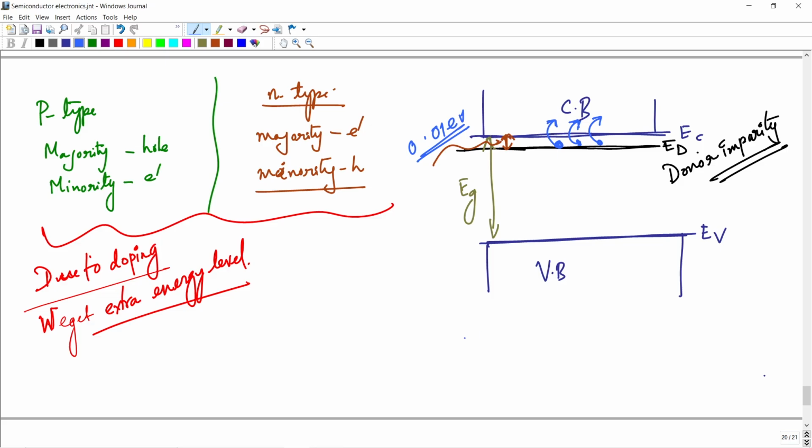So the element added as a donor increases the electrical conductivity.